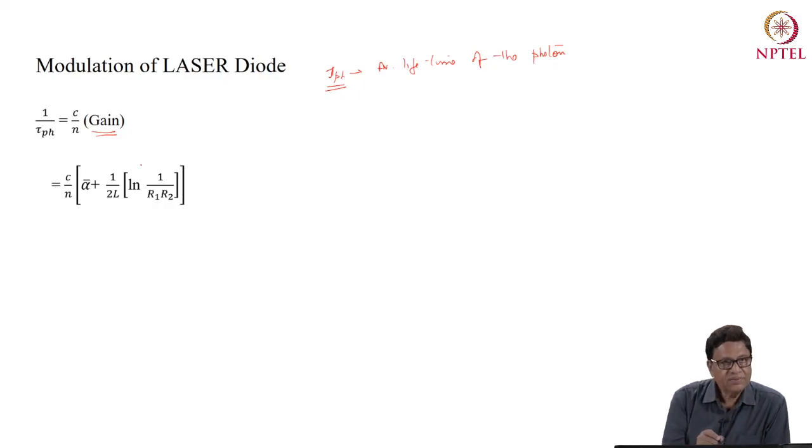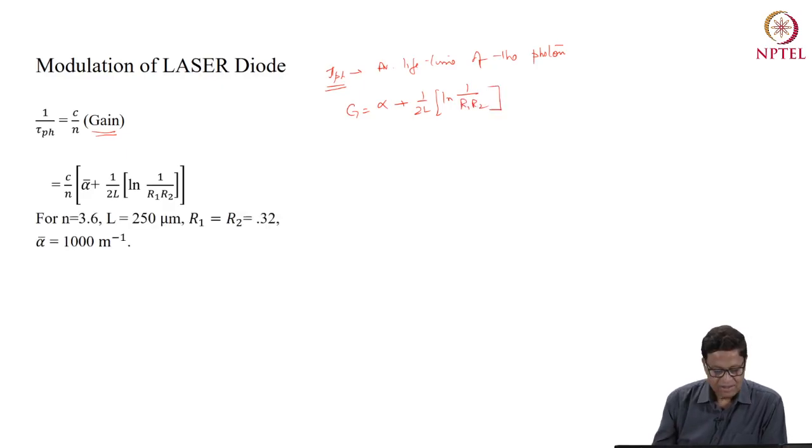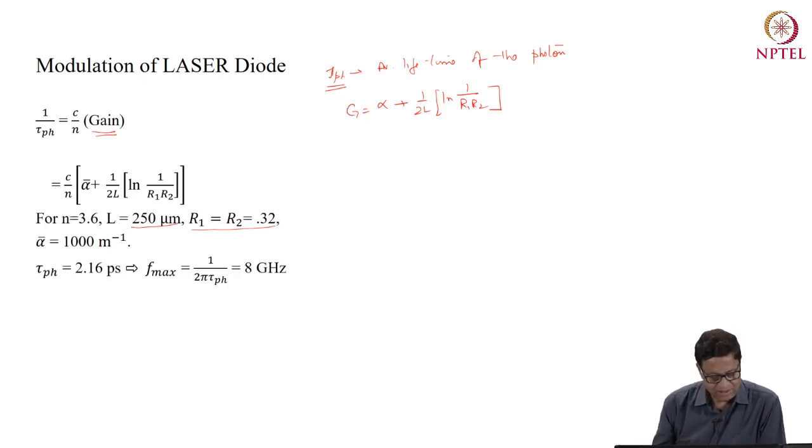And the gain we have seen for the lasing condition was G equal to alpha plus 1 by 2L log natural R1 over R2. So for n equal to 3.6 for gallium arsenide, suppose I take the cavity length as 250 nanometer, typical reflectivity as 0.32, and the attenuation or loss as 1000 per meter, plugging in these values will give me τph as 2.1 picosecond.